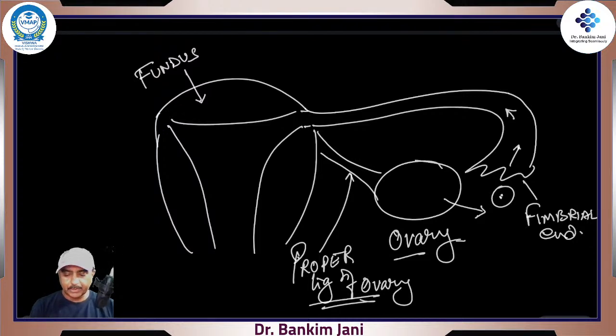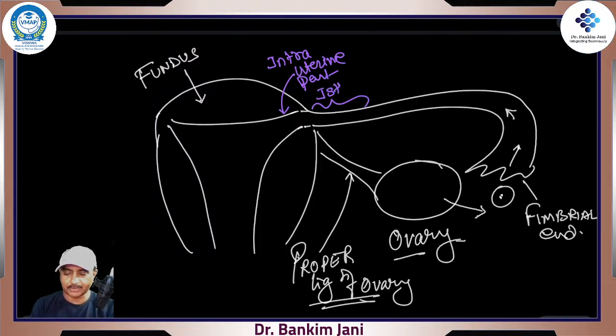And the entire thing is the fallopian tube. In the fallopian tube, let's change the color, there would be one part which would be the intrauterine part, right? The part which is inside the uterus, or you can just say uterine part, right? Uterine part. Then there is a junction which is called the isthmus, right?